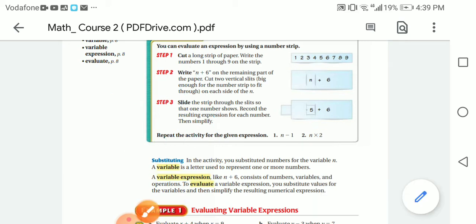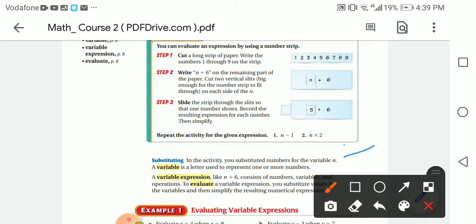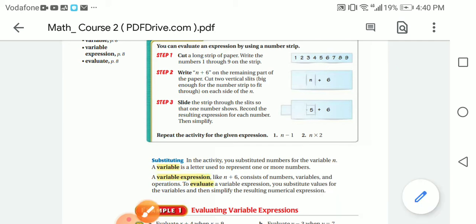Substituting, okay? In the activity, you substituted numbers for the variable n. Why n? Okay, n is a variable because I can make it 1, 2, 3, 4, 5, 6. It changes. A variable is a letter used to represent one or more numbers. A variable expression, like n plus 6.